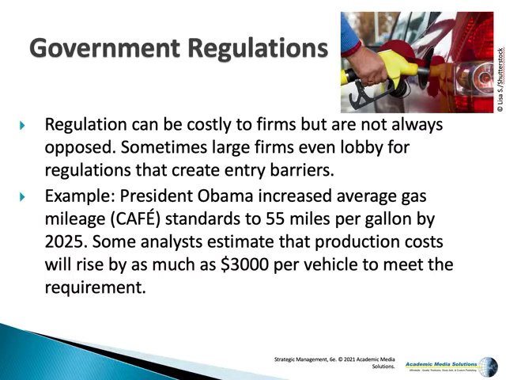An example of a regulation that's interesting in terms of the auto industry is back when President Obama increased the average gas mileage, these are called CAFE standards, if you look those up, to 55 miles per gallon by year 2025. And what this essentially says is that the average car that you produce has to meet a certain average mileage along the way in order to meet that 55 mpg requirement by the year 2025.